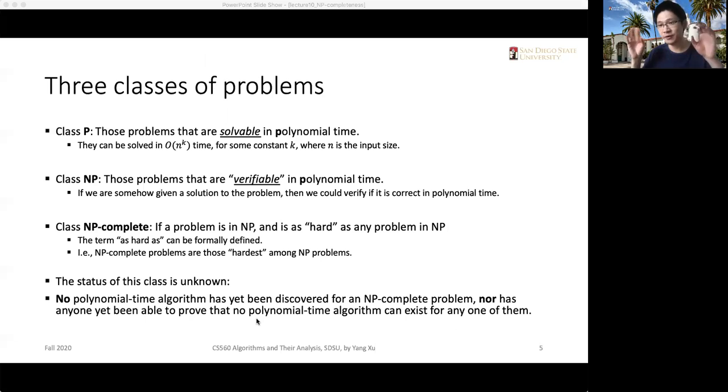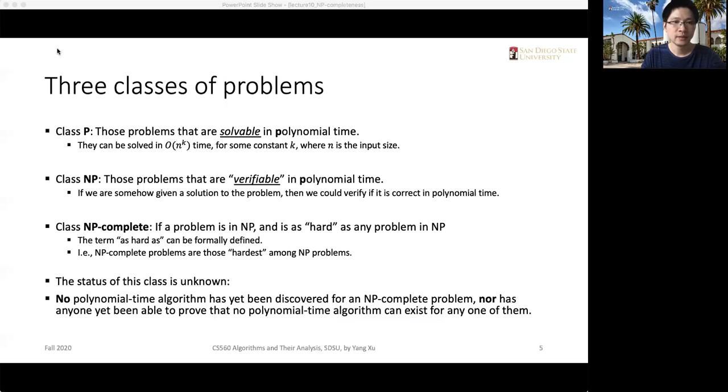So it's a very unknown status. We haven't found any polynomial time solution to an NP-complete problem, but people also haven't proved that no polynomial time solution can exist. So it's really an open issue in theoretical computer science.